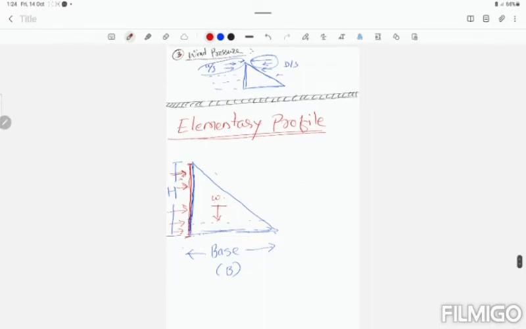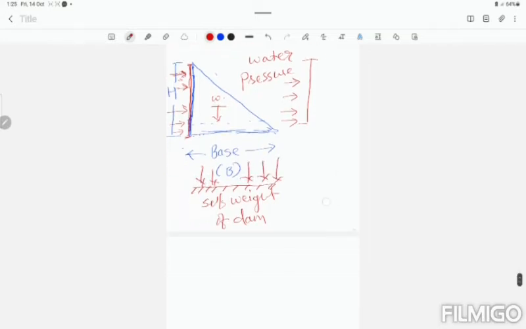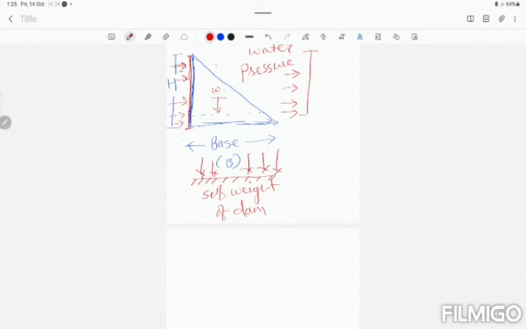Some forces act on the body of the dam: along the height, water pressure acts, and along the base, the self weight of the dam acts. Because of the downward self weight of the dam acting along the base, some kind of uplift force is also generated.